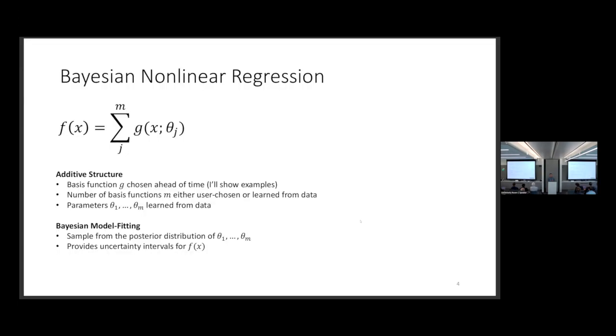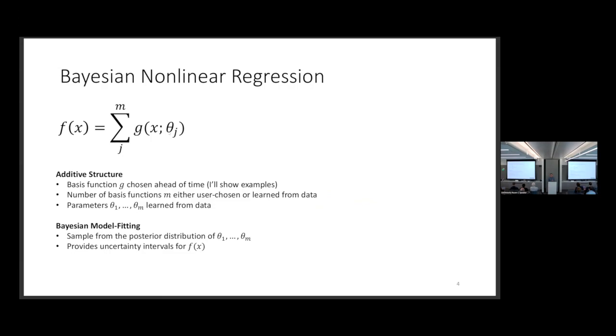Okay, so this slide briefly lays out the Bayesian nonlinear regression framework in the way that I view it. Here we model the mean function as a sum of m basis functions. Those basis functions are g, and they're parameterized by theta j. So we have m parameters theta, and these could be vectors.